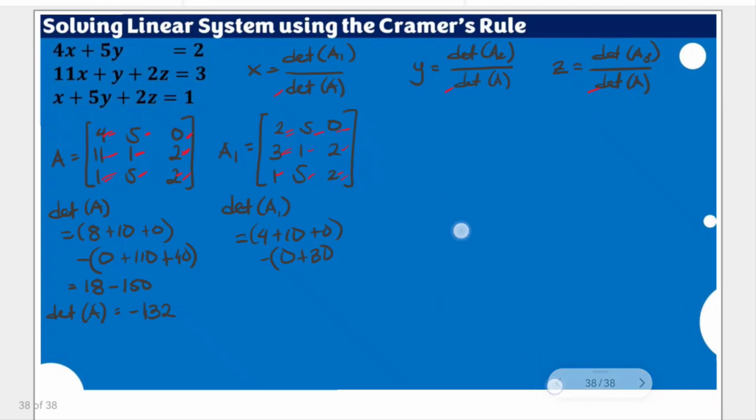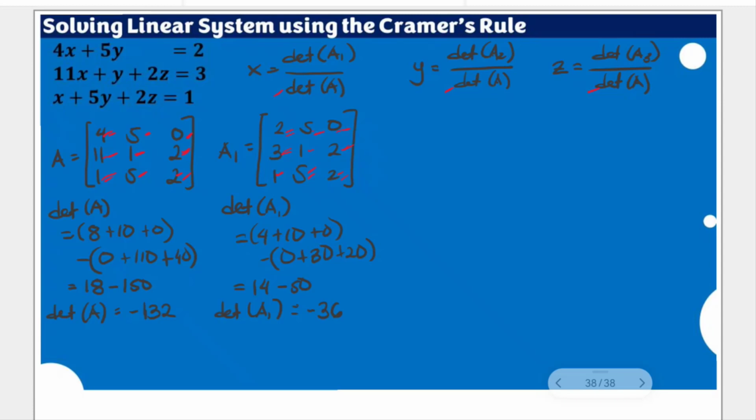Next, you have 2 times 5 times 2, that's 10 times 2, rather, is 20. In short, your result here would be 14 minus 50. The determinant of your A sub 1 is equal to negative 36. Now, let's not solve it yet. We are going to proceed with the rest of the values later.